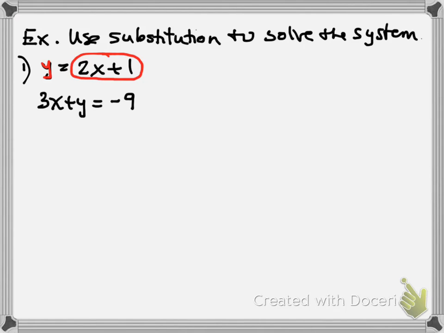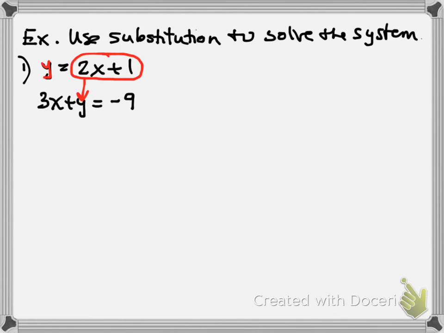That expression, 2x plus 1, has the same value as y. Then I substitute that expression, 2x plus 1, in for y in the other equation. We don't substitute back into the same equation, or we get something that just cancels everything out, and that doesn't make sense. So what I just did is what I do every time: I circle the value, I highlight the variable, and I draw an arrow to where I'm going to substitute.